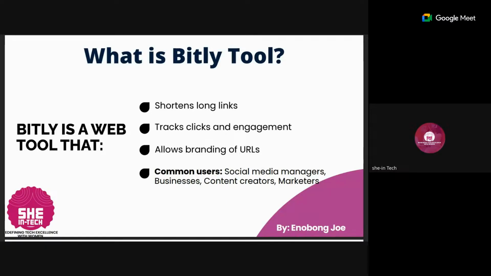There are times that you copy a link and then you paste it somewhere and the link is so long, it can carry like 2 to 3 lines of a page. So it can be very messy sometimes, and because the link is very long, you may end up not copying everything. This is where Bitly comes in, because it helps you shorten the link, and you can also customize the link.